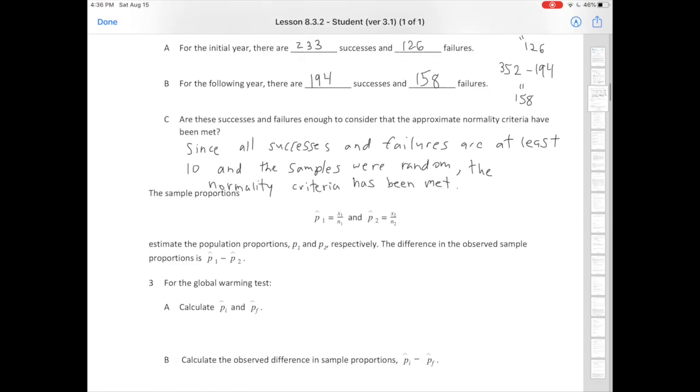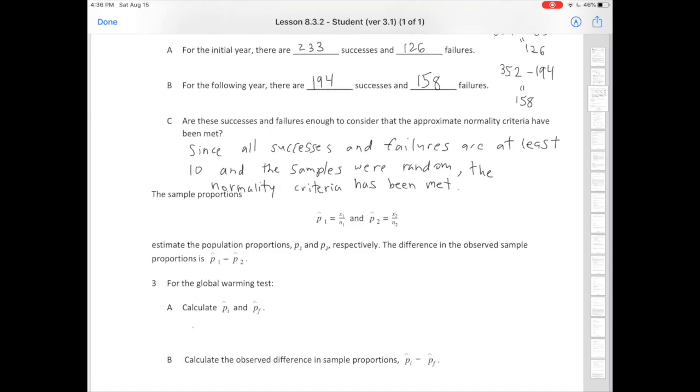So for the global warming test, we're going to calculate pi hat and pf hat. So what is pi hat? Pi hat is equal to, remember, 233 successes over 359, right? 233 out of 359.